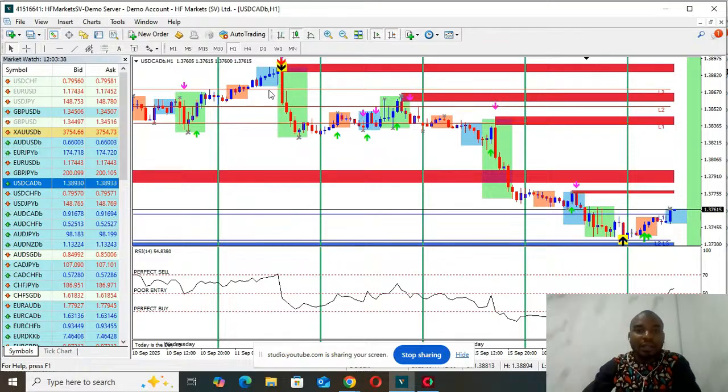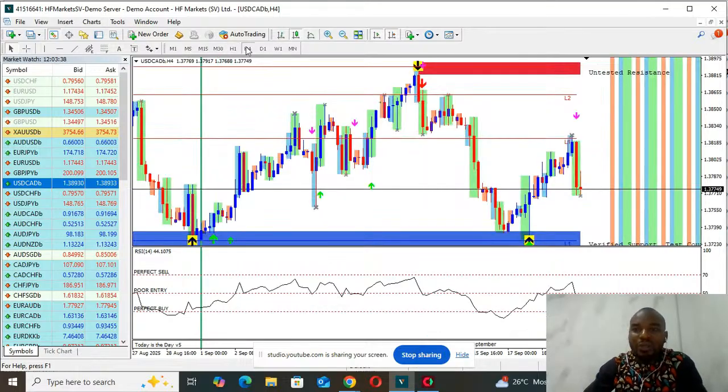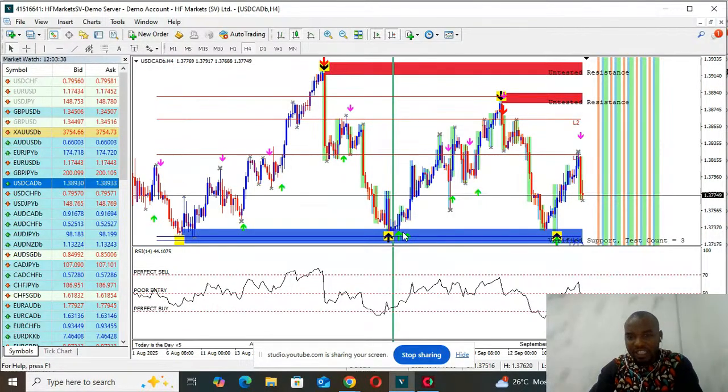All right, so for a swing trader, you are looking for basically two things. One, you want the market to be in a zone. What you have here, all this blue, is written verified support.